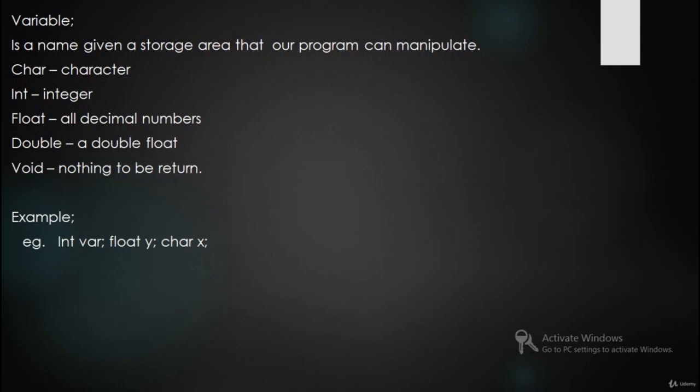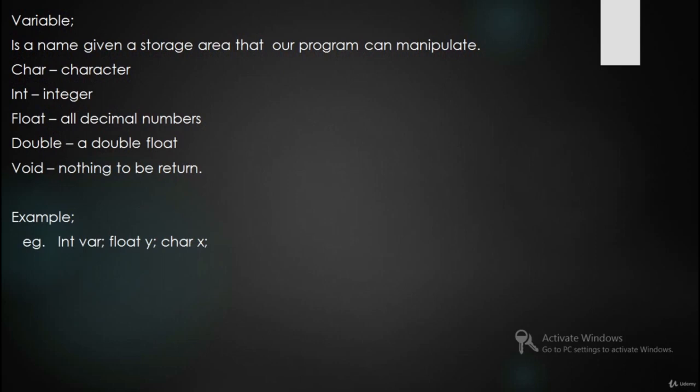Now, let's learn something about a variable. Variable is a name given to a storage area that our program can manipulate. It is also an entity which changes during execution of a program.